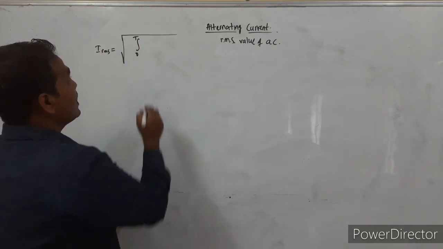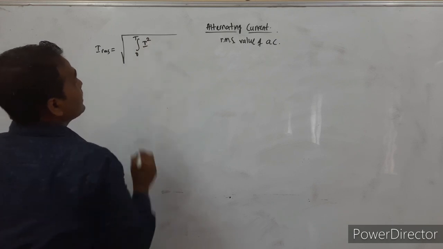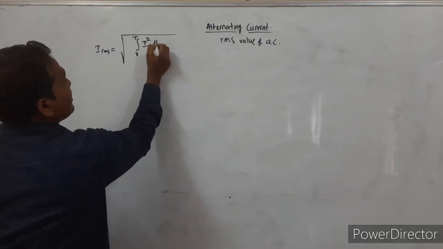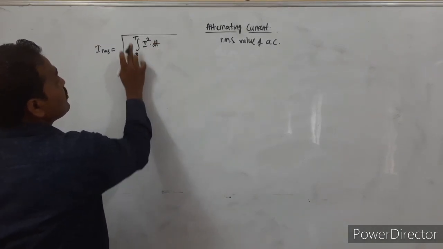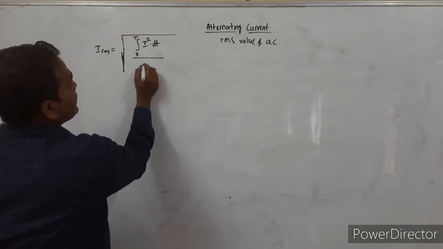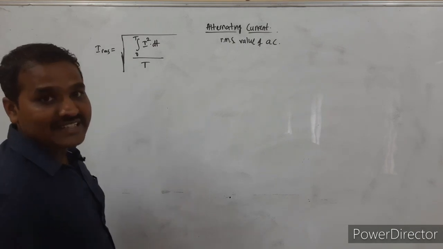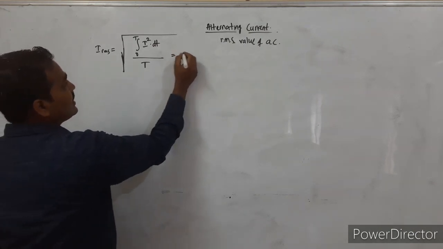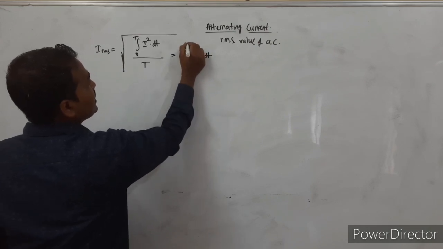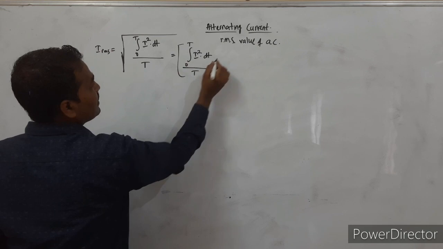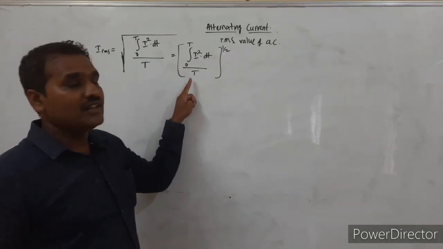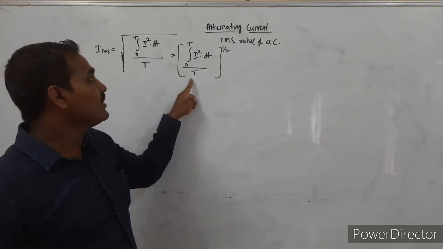For that, I will integrate the square of the instantaneous current equation with respect to time between the limits 0 to t. And to take the average of this, I will divide this by the total time period T. Or this I can write as integration of I square into dt between the limits 0 to T, whole divided by capital T, raised to 1 by 2. So this will give me the RMS value of alternating current.